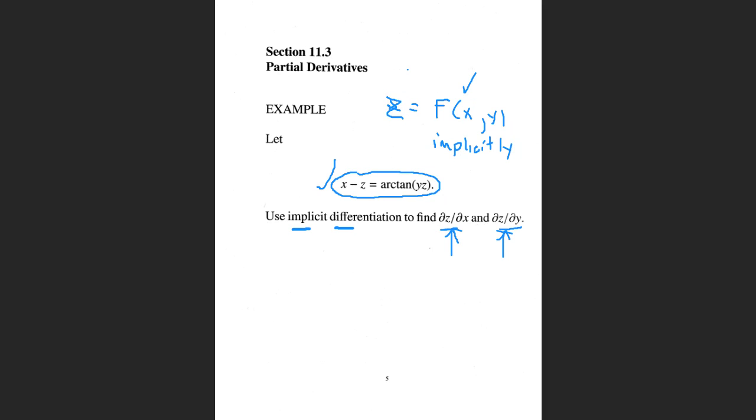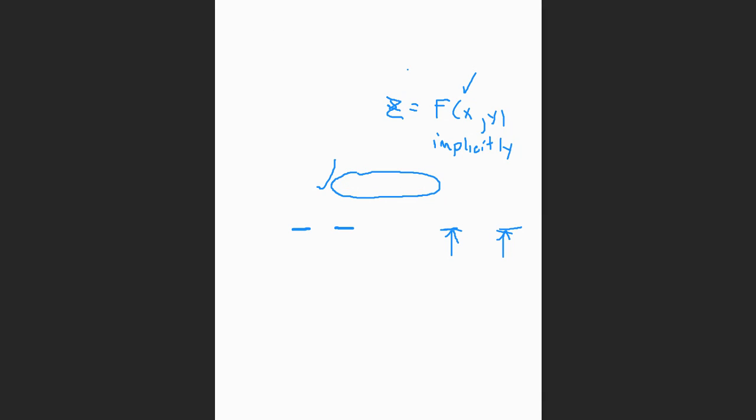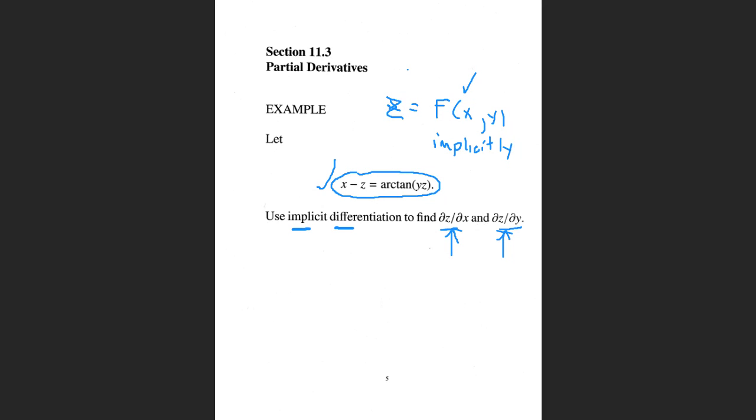But of course, it's a little more involved. The concept that you learned in Calculus 1 works here. We just have to be a little bit careful. So let's do the implicit differentiation.